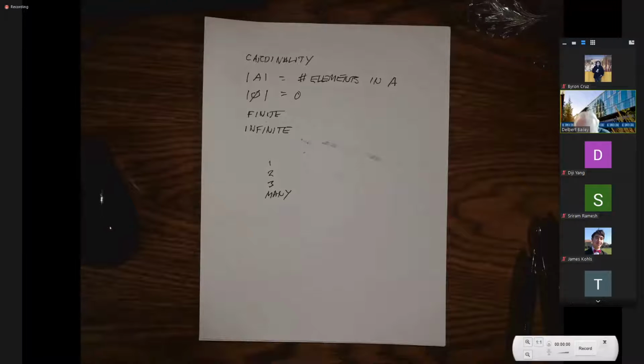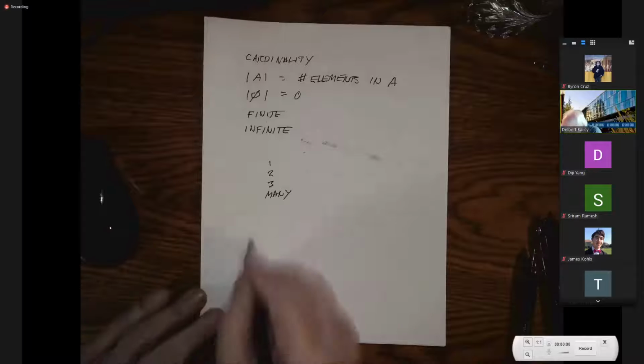Okay, and it turns out, hey, we can use that approach to talk about infinities. And we will say that there is such a thing as countably infinite.